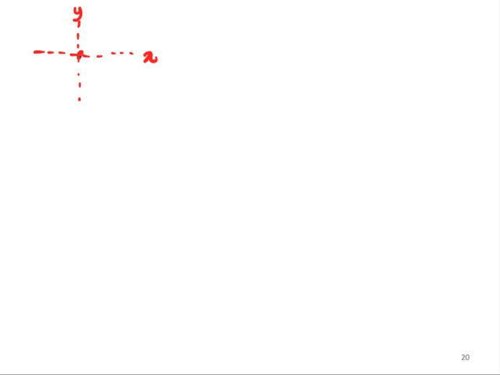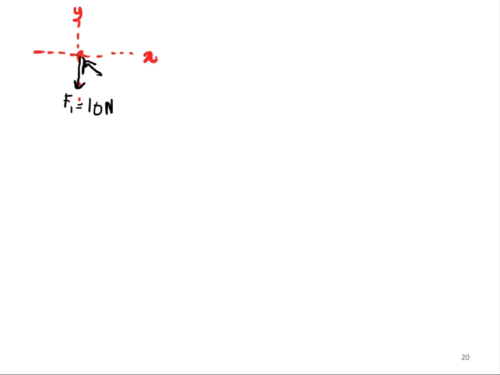We have F1, which is downward. The value of F1 is 10 Newton. Then you have F2. For this F2, the arrow is acting on the particle.